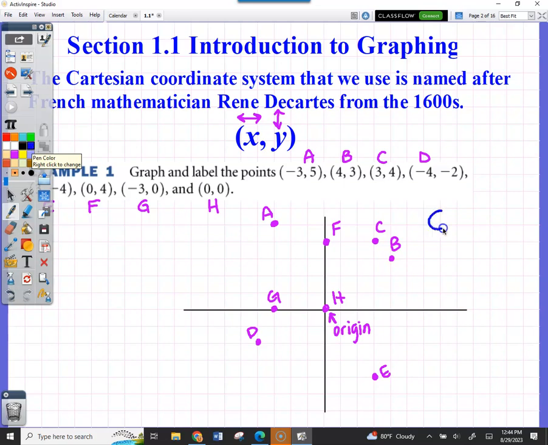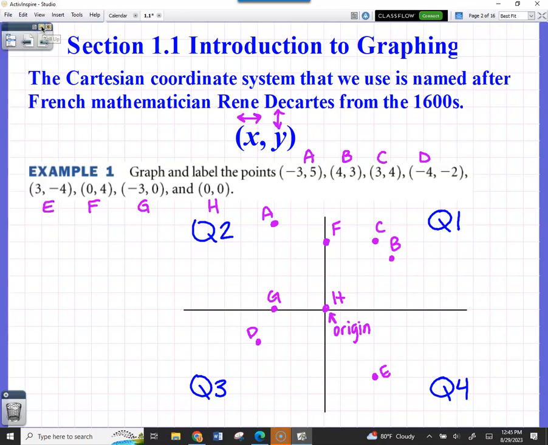This is quadrant 1, quadrant 2, quadrant 3, quadrant 4. If you're taking my pre-cal class, you need to be able to say the quadrants. If you struggle with the quadrants, you need to practice it because that is a common theme in the pre-cal class. And if you struggle with that, it's going to aggravate you.